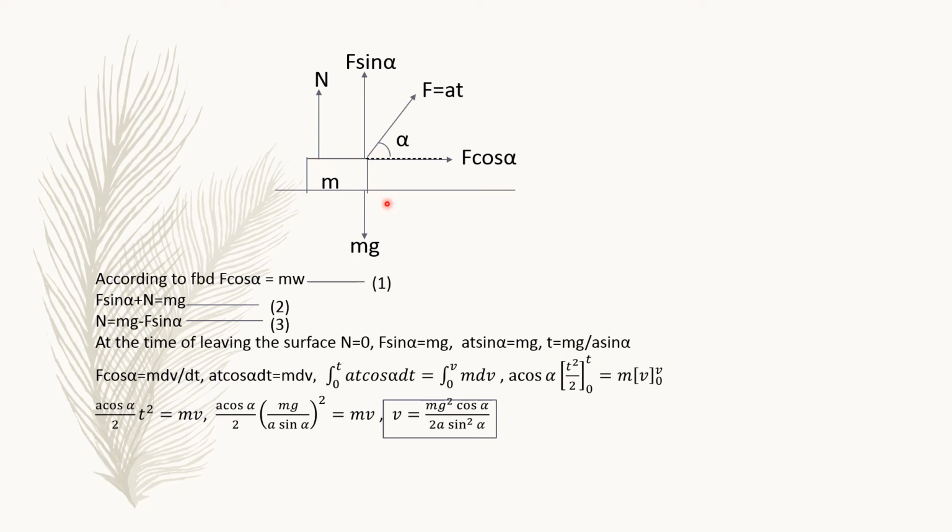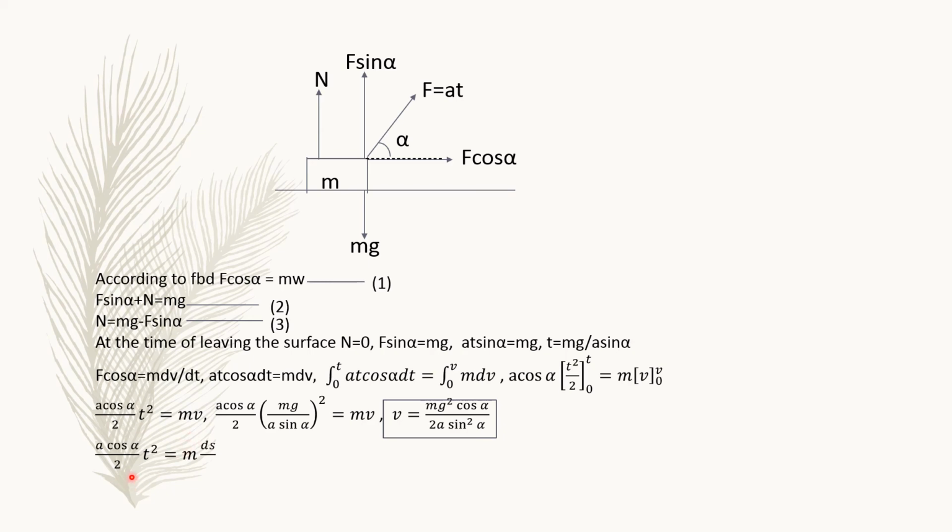Next we have to calculate the distance travelled till this time. So a cos alpha divided by 2 into t square is equal to mv, as we got. In this term v is equal to ds by dt, so put this value of v here. We get a cos alpha divided by 2 into t square is equal to m into ds divided by dt.